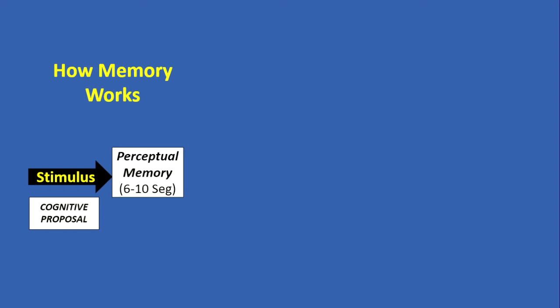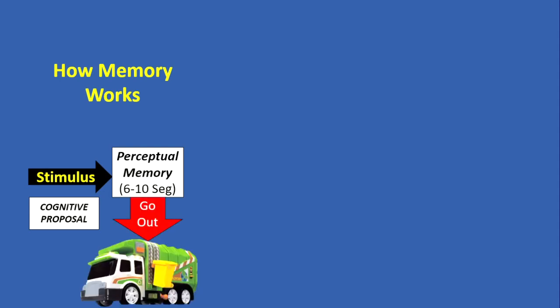It's our memory that catches the first stimuli, and in 6 to 10 seconds decides if this information, this cognitive proposal, is interesting enough to be accepted in the process or rejected. If it's rejected, immediately the information goes out into something like a garbage truck and disappears.